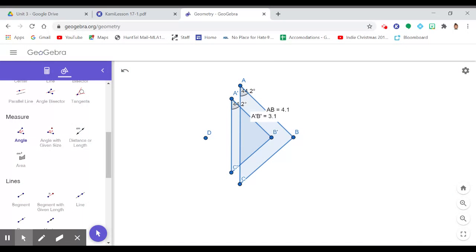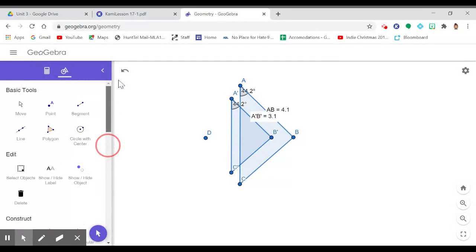Not only is it changing the lengths of these actual segments on the figure, it's changing the distances from these corresponding points. In fact, I'll draw a line here through points D, A prime, and A. So think about it, this was a reduction of 3/4.